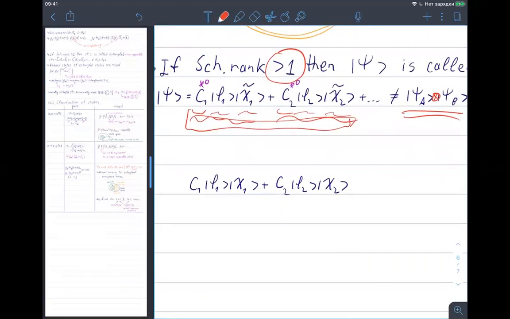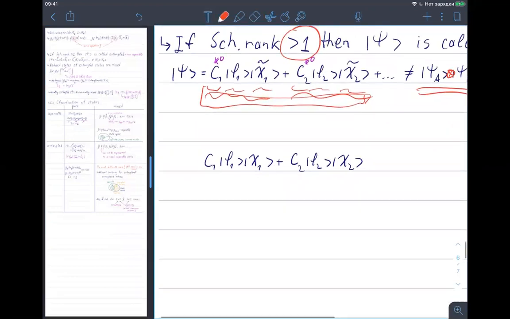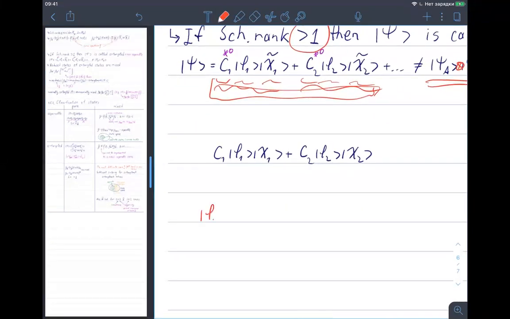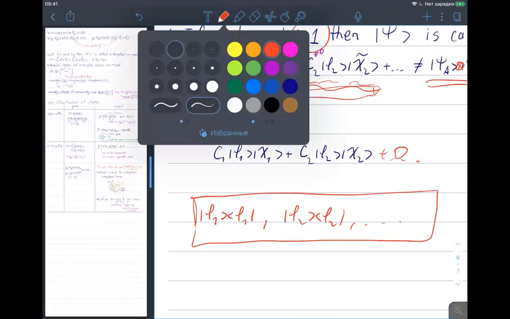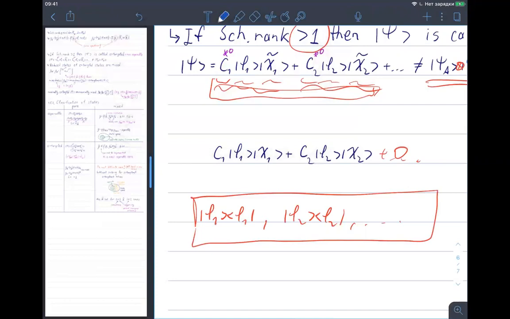Imagine I measure the first system in a basis, with some measurement which has projections phi1, phi2, and some others. Let us think what will happen. Imagine that I measure my state in this basis, and I obtain the result phi1. What do I know about the state of my second system?